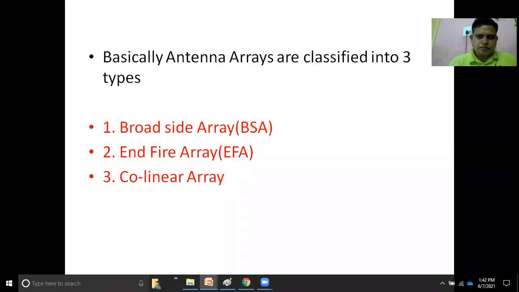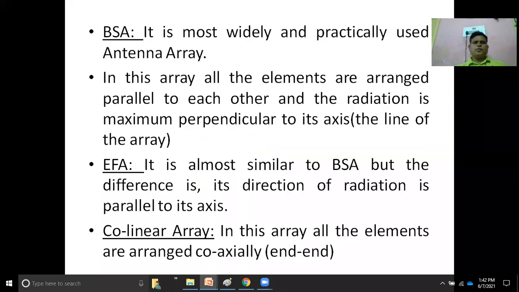What is an end-fire array? The main difference between the broadside array and end-fire array is the maximum radiation. Based on that maximum radiation, we can decide whether it is a broadside array or end-fire array. We arrange the antennas in a straight line, as a linear array.